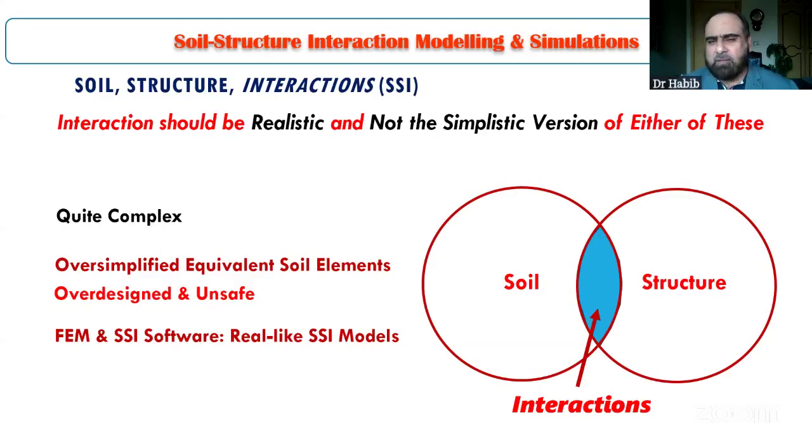And vice versa also. Sometimes we have highly complex soil models, and we are converting the structural loading into simplified forms like UDLs, uniformly distributed loads. So this is the message.